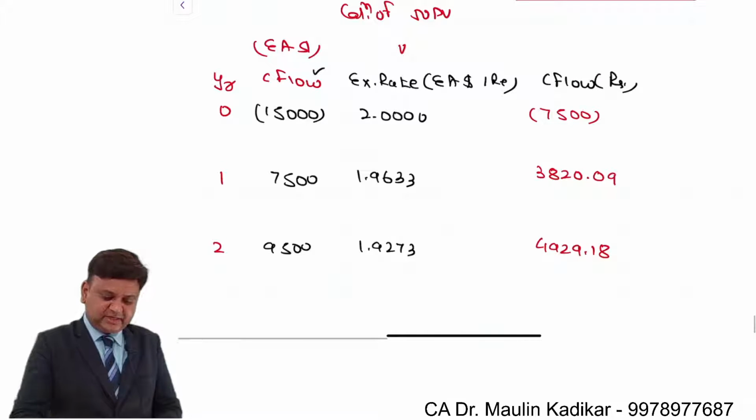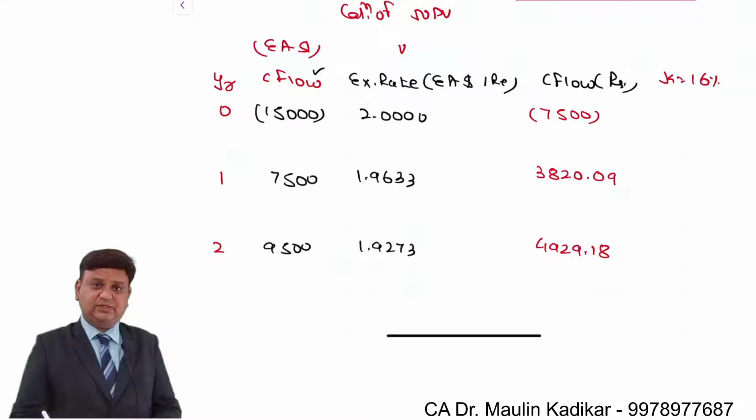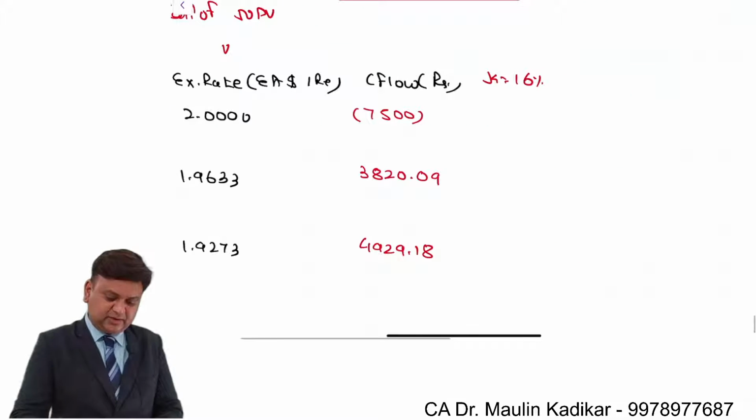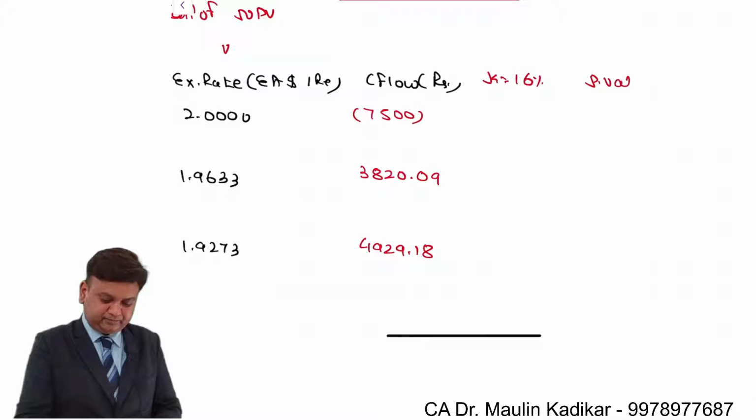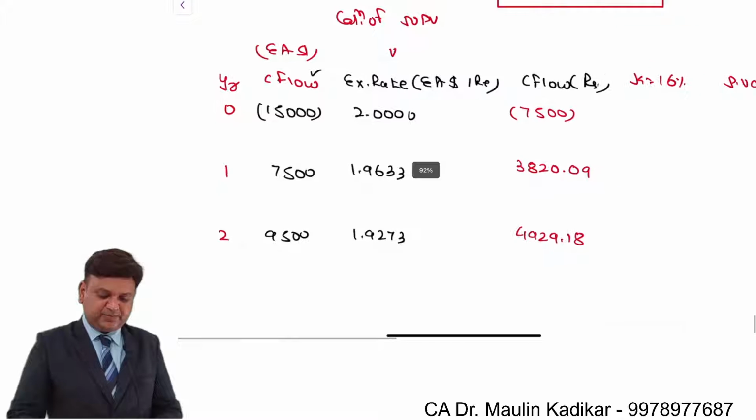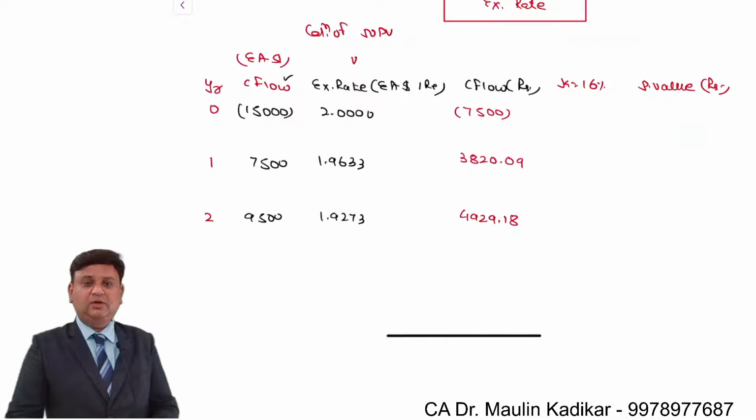This will be discounted at the rate of 16%, the discounting rate provided to us, and based on that we will compute the present value. This is in rupee terms. So the present value of the cash inflows, from that the investment is deducted, and based on that the NPV is found.